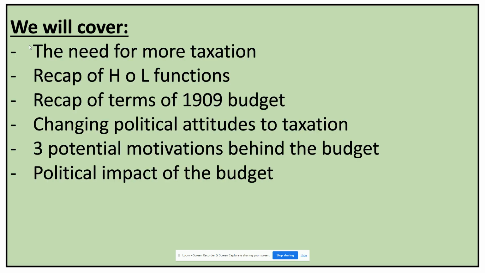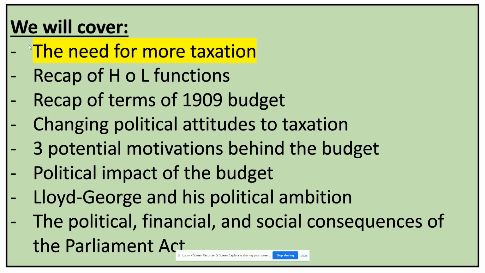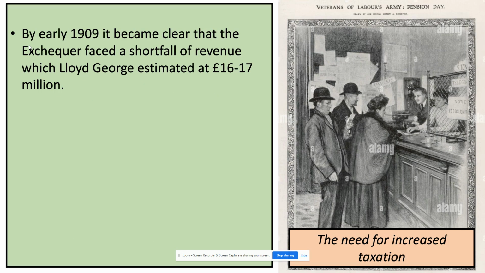So I'll start by recapping what we are focusing on. In terms of the justification behind the People's Budget, we have a significant need for increased taxation. Society by 1909 had a lot of extra demands on it in terms of finances and the economy.